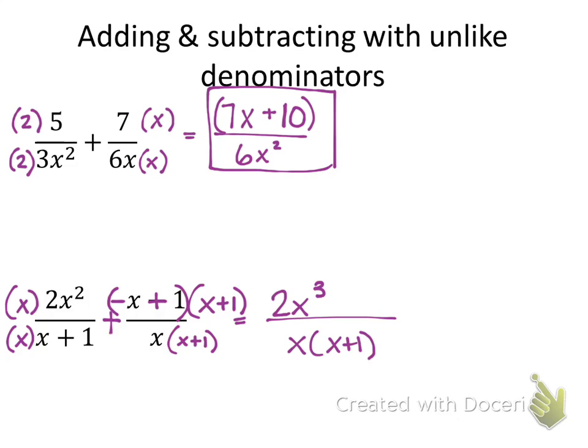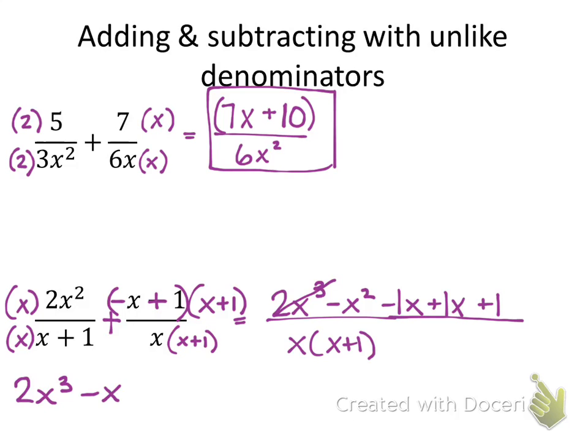So negative x times x is negative x squared. Negative x times 1 is negative 1x. 1 times x is 1x. And 1 times 1 is 1. Now I need to combine like terms. All right, I've got 2x cubed because there's no other term that's going to combine with 2x cubed.